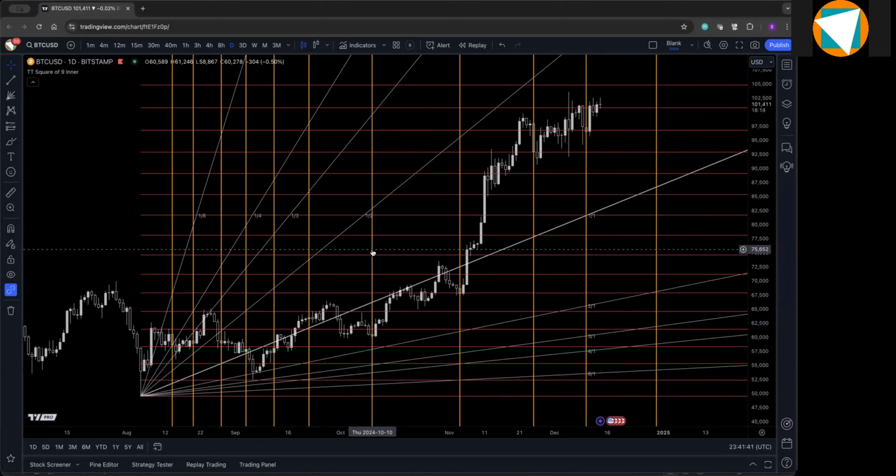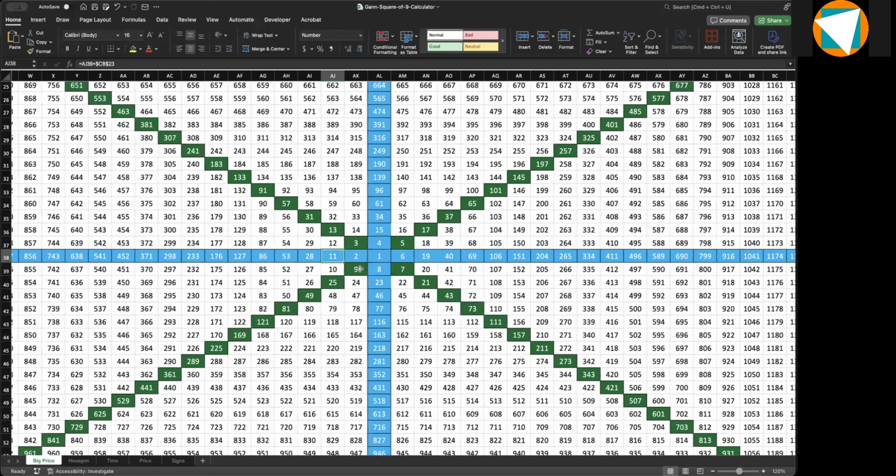And remember, these timelines are not complete orbits of Mercury. Mercury's orbit is 88 days. These timelines are only drawn as Mercury's degree movement passes 360 degrees on the square of 9.